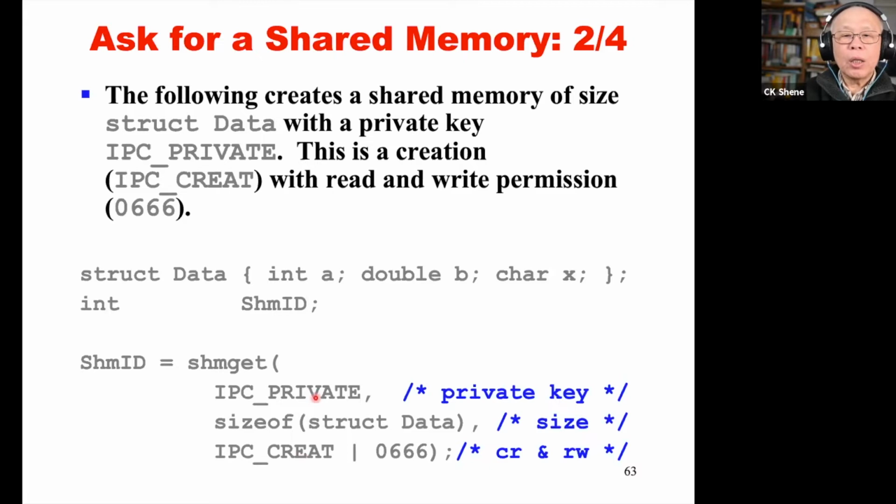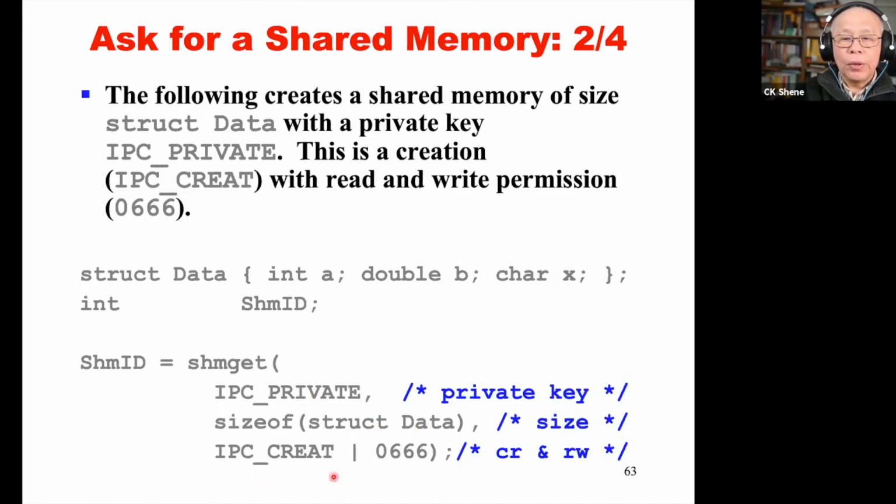So in this call, the first argument is the private key. IPC_PRIVATE means asking the system to provide you with a private key so that no one would have a key that is identical to this private one. And then the size of this data structure.